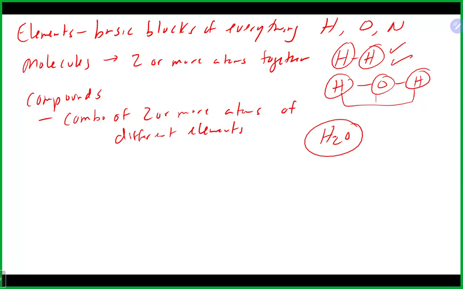Now, we also talked about in this chapter substances, and pure substances are when you have only one substance by itself, it's nothing else mixed with it. So, a pure substance is one substance by itself.